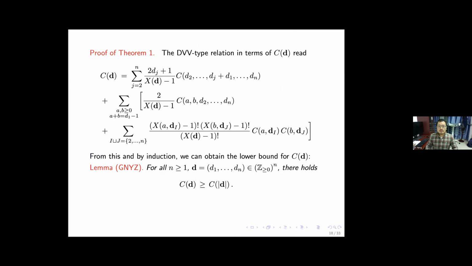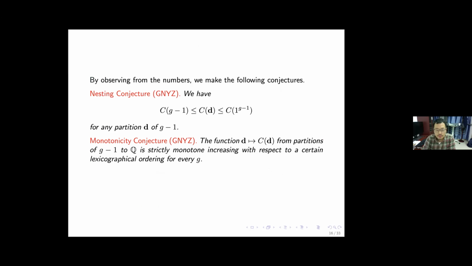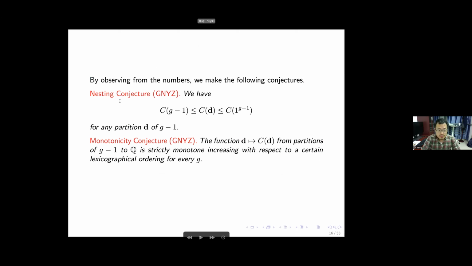Right. So let's now consider the proof of this theorem. As I said, if I have more time, I will explain some more details about the motivation. This nesting conjecture and monotonicity conjecture play a very important role in getting this statement of the theorem.